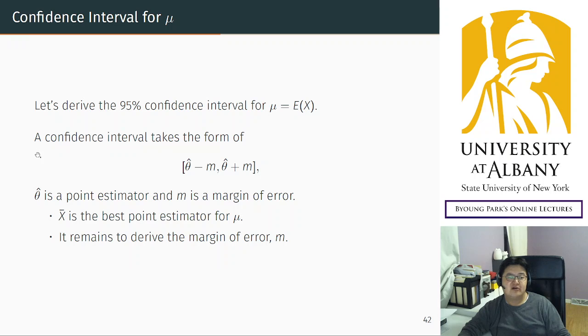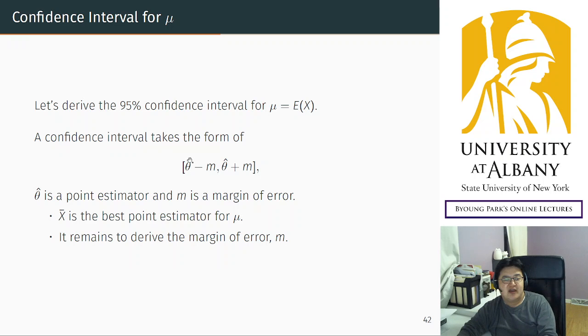We know that the interval takes this form. There is a point estimator, theta hat. Theta is the parameter, now the population mean. In estimation, we use theta for the parameter, but earlier the population mean was denoted as mu. It's kind of confusing.